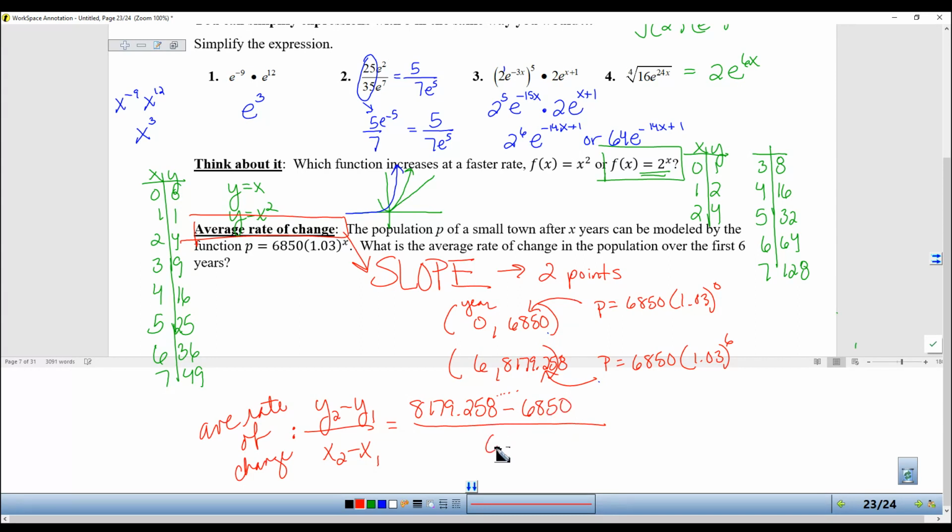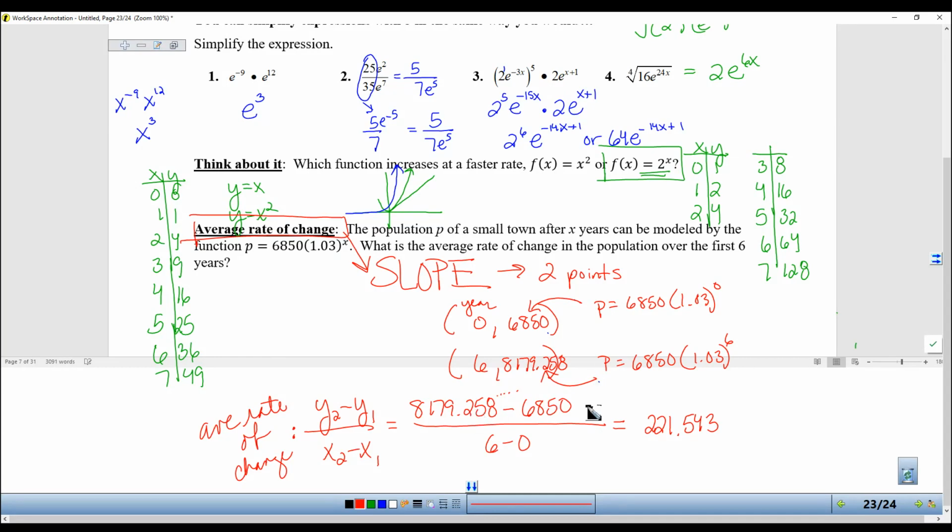That's an exact number. And then divide by 6 to get the exact answer. So minus 6850 and then divided by 6. That gives me 221.543.